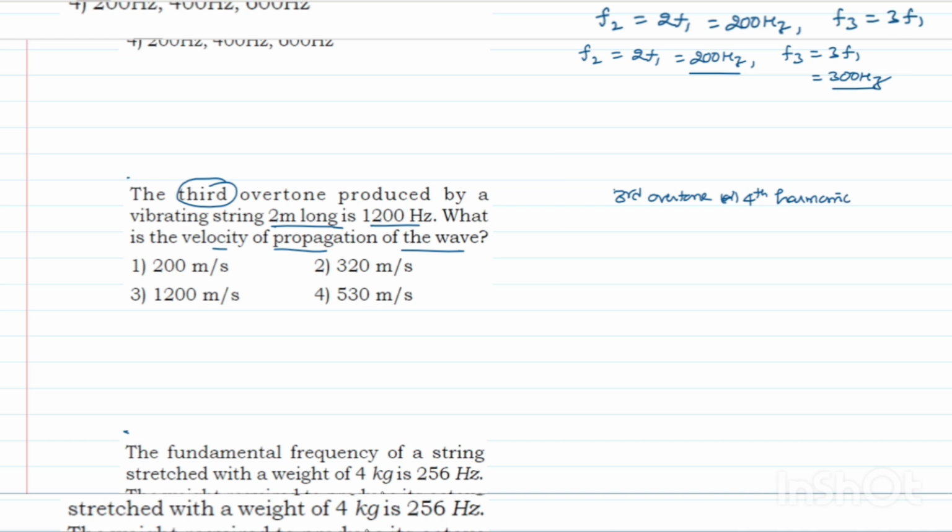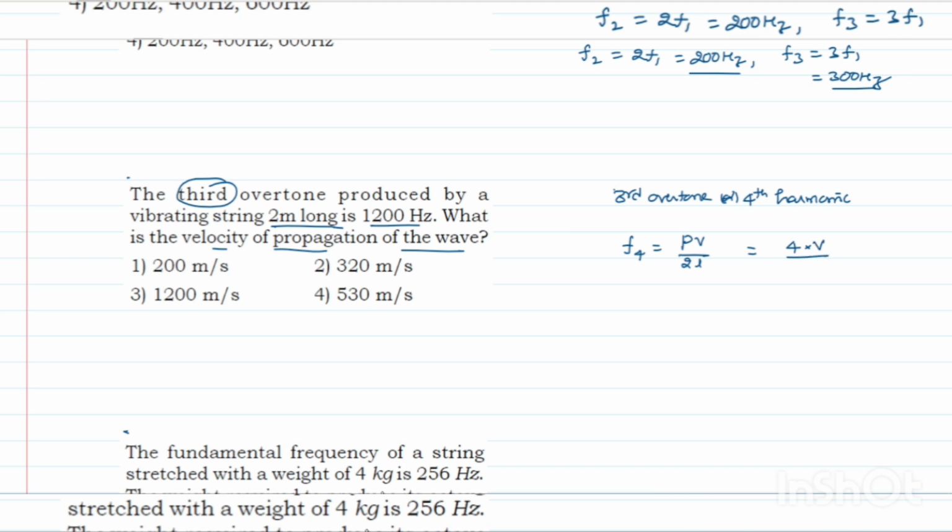For the nth harmonic, the frequency is f equal to nv by 2l. For the fourth harmonic, in the sense 4 segments are produced, so f equals nv by 2l, where n is 4.